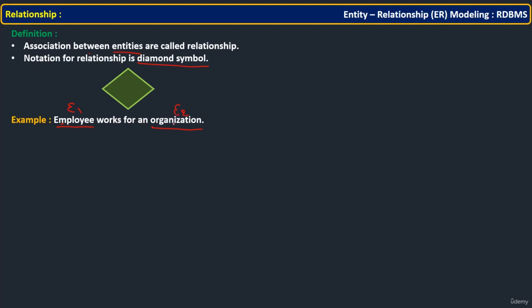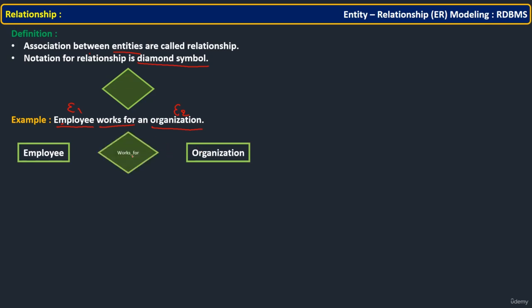What is the relation between these two? That is works for. So that is what you can see here. Employee entity one, organization entity two. And what is the relation between these two is the works for. And we are going to connect like this. Okay. So this is the relationship.